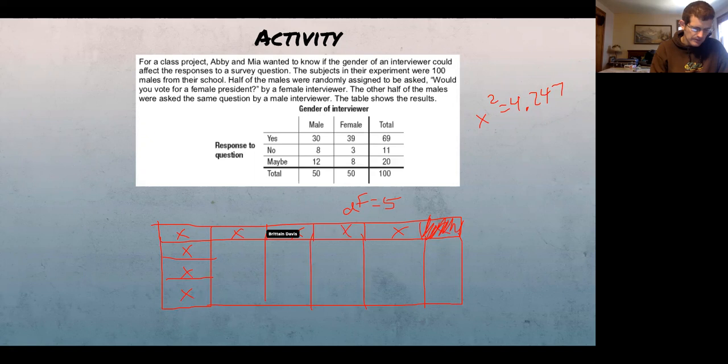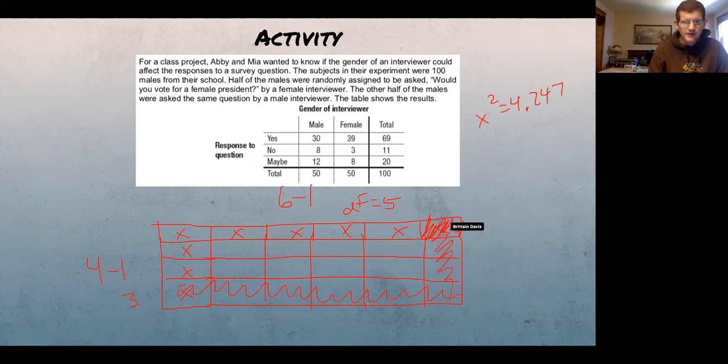Now, of these, I can do this 6 minus 1, because it would be 6 columns, and now I've got 4 rows, but minus 1 gives me 3 right here. So if I ignore this last row and this last column, and I take those individual degrees of freedom and multiply them together, that's how I end up with, it looks like 15 degrees of freedom for this problem.